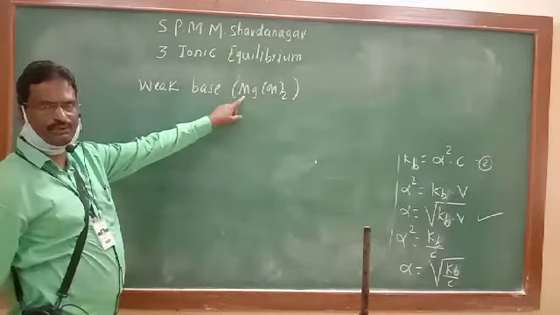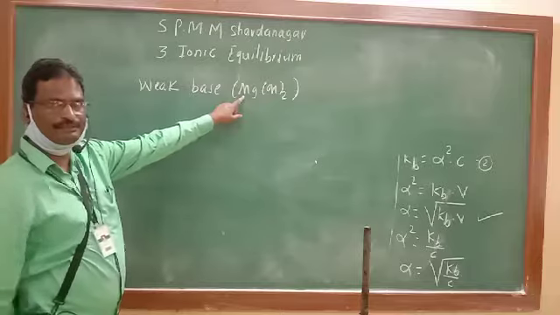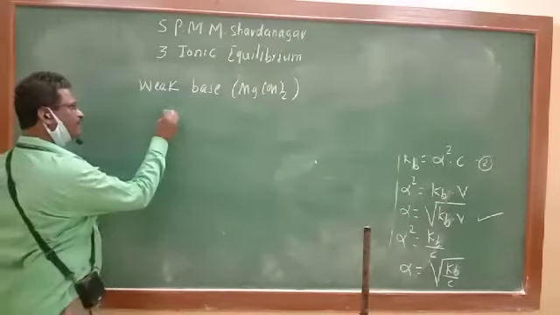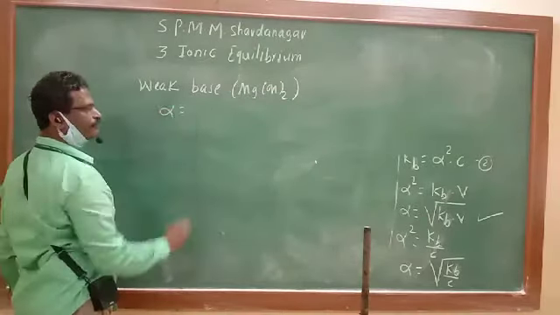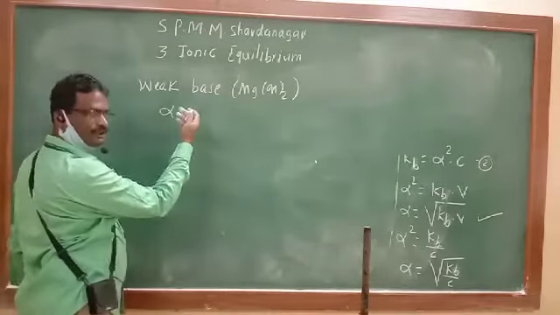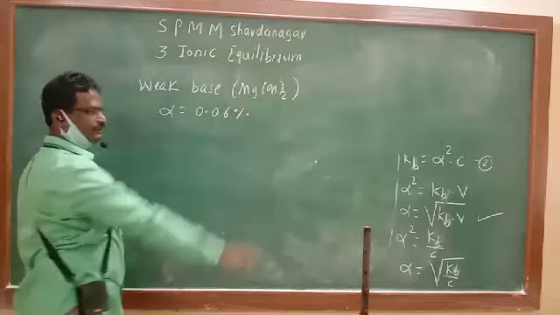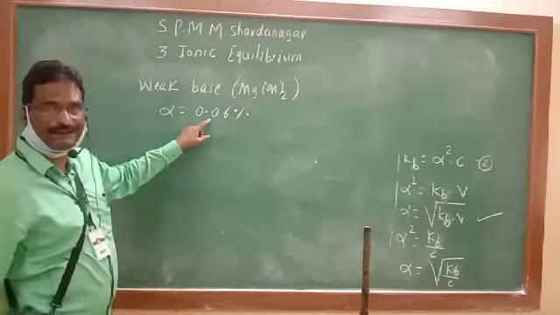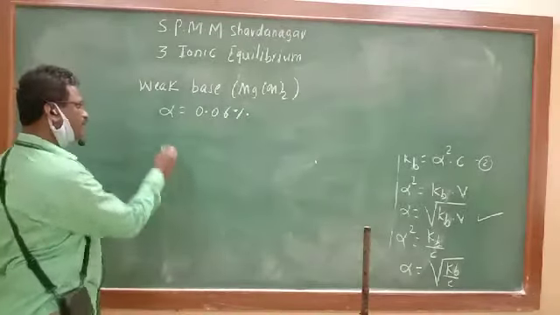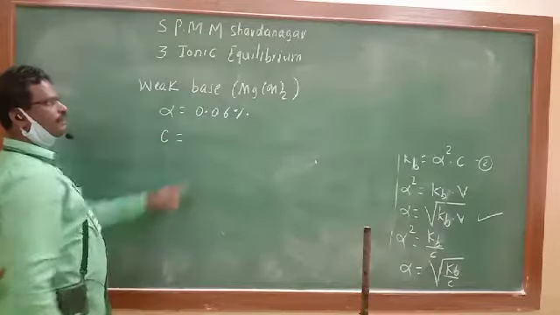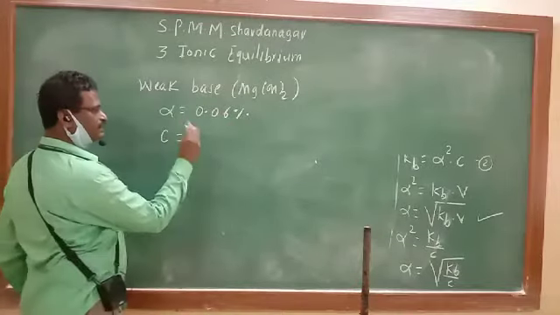Magnesium hydroxide is a weak base, of which the degree of dissociation alpha is given. Suppose they have given alpha as 0.06%. This is the percent alpha they have given.